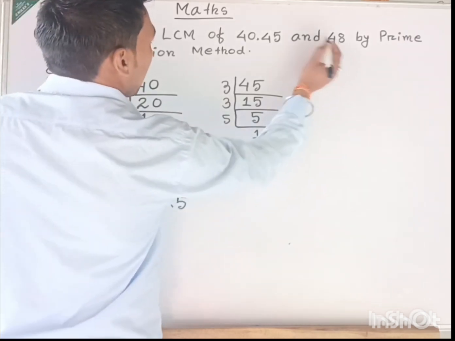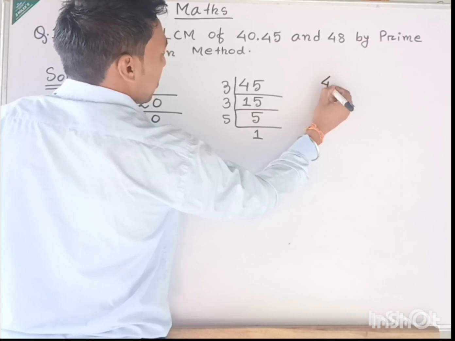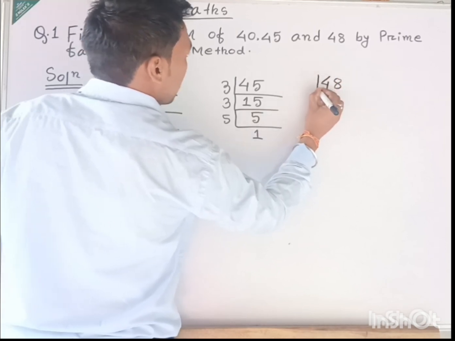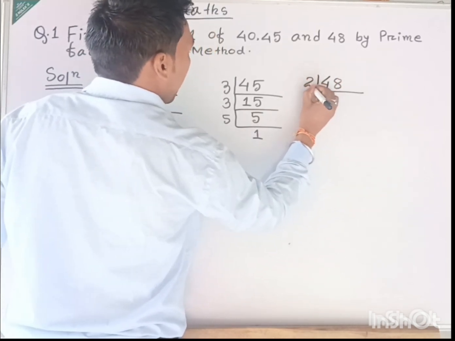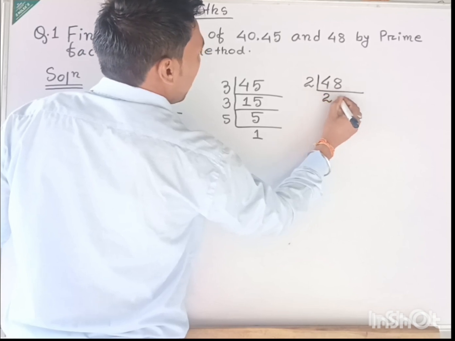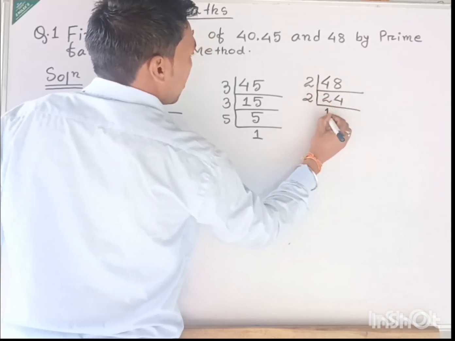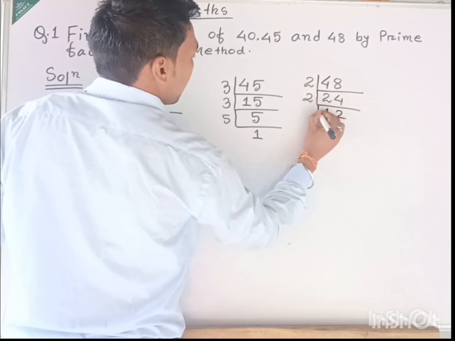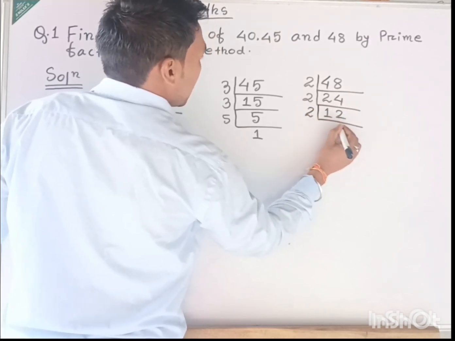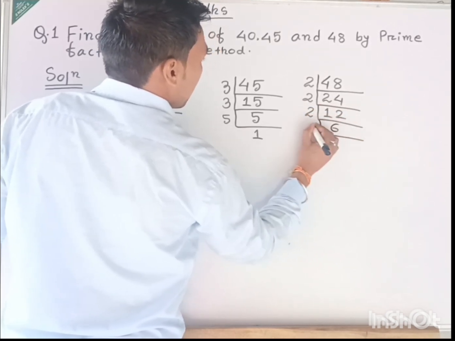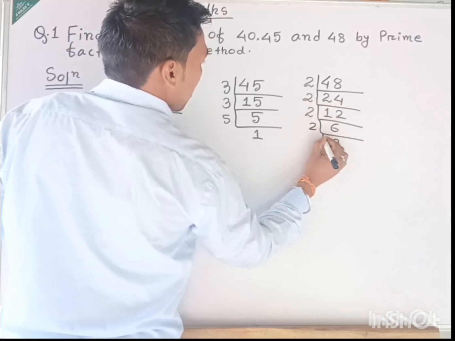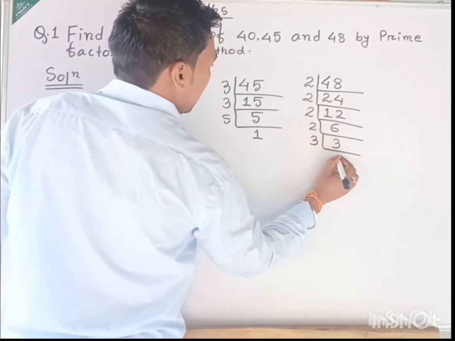Now I'll find the factors of 48. 48 is divisible by 2, so write here 2 2s are 4 and 2 4s are 8, 2 1s are 2 and 2 2s are 4, 2 6s are 12, 2 3s are 6 and 3 1s are 3.